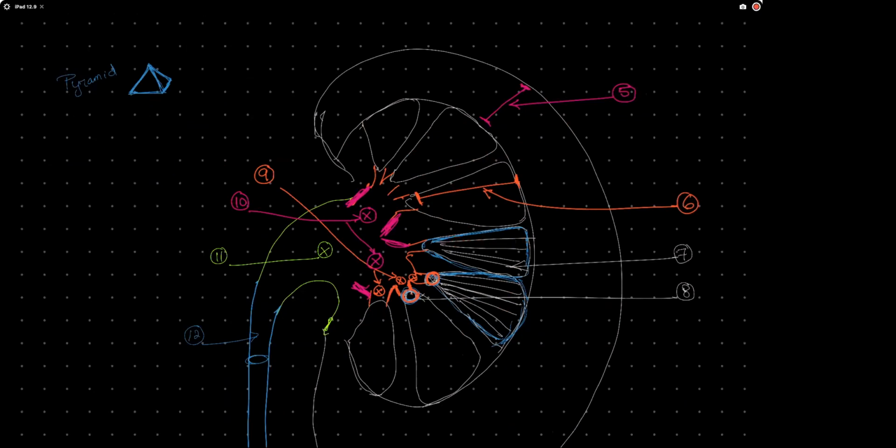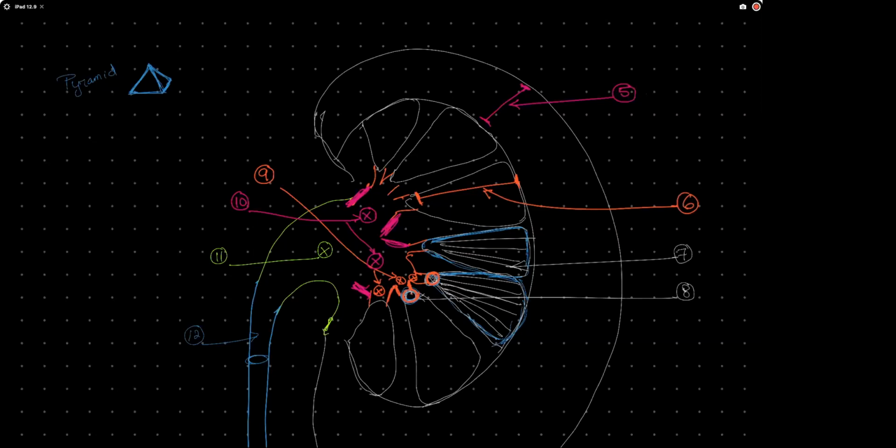This is where the ducts that are collecting the urine are going to be traveling, carrying the urine to the tip of those triangular shaped structures. The tip of those triangular shaped structures will conduct the urine into small ducts.